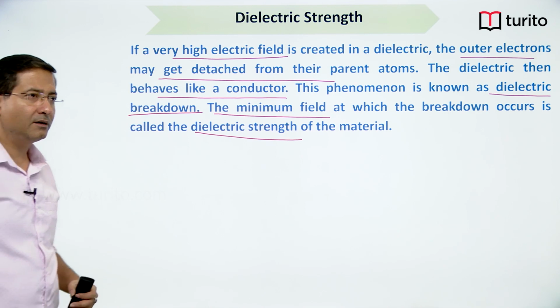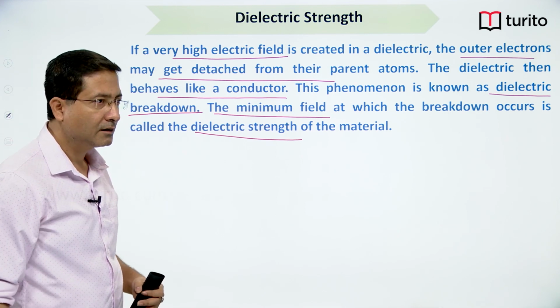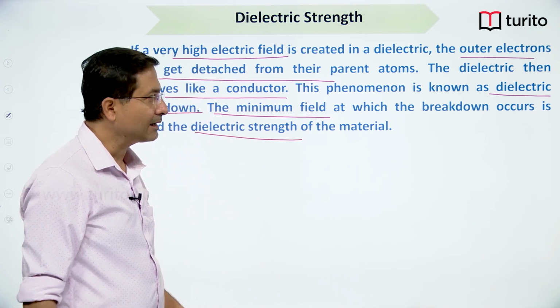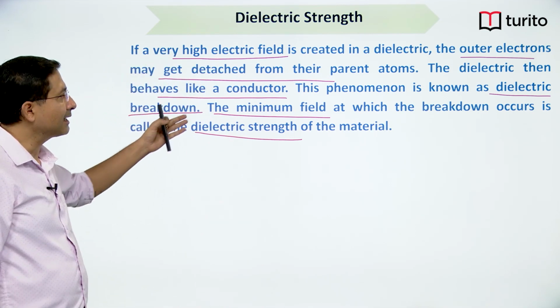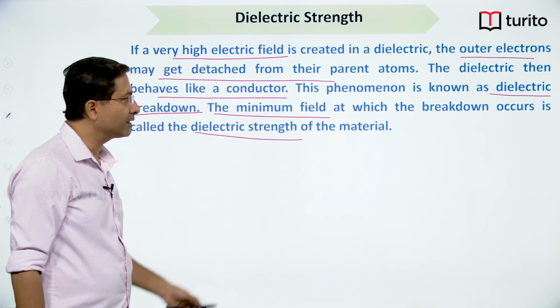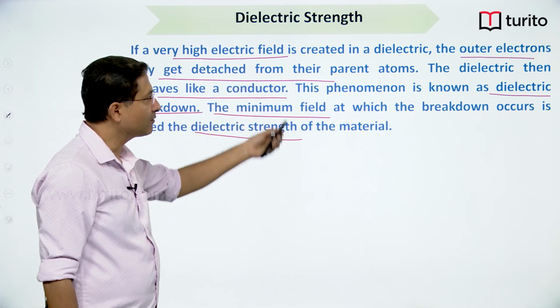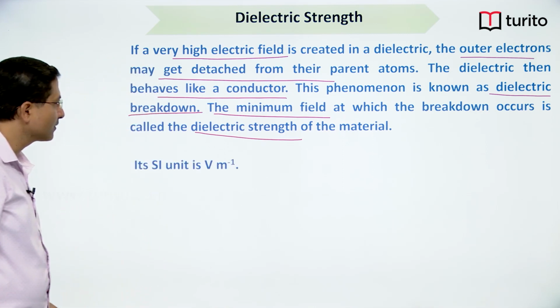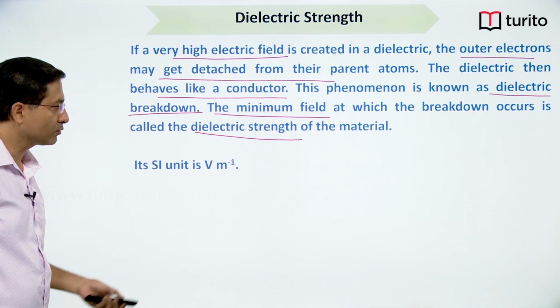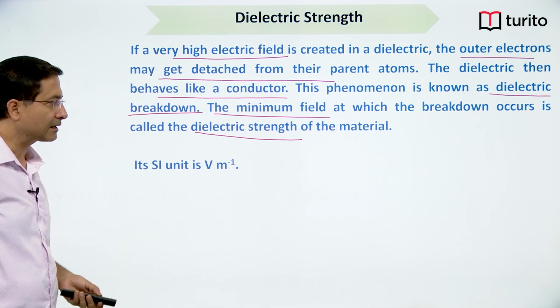So, the minimum field which can convert our dielectric into a conductor is called the dielectric strength. So, dielectric strength of a material is that value of minimum field. Now, its unit is volt per meter, right. So, this is the unit of electric field.